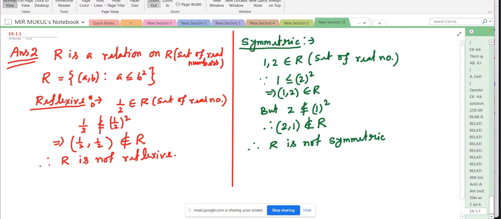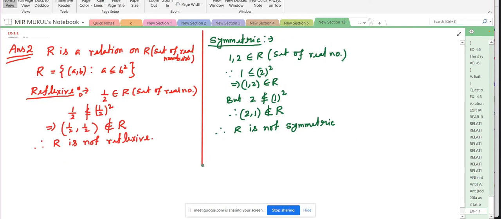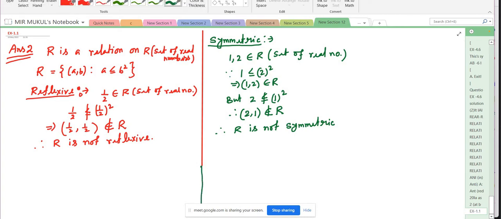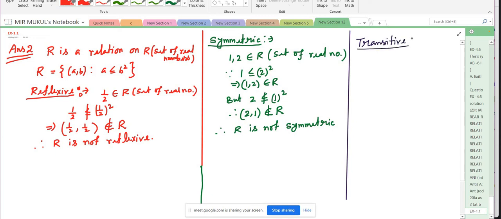Now try to find an example for transitive. Now you have to choose the numbers properly.